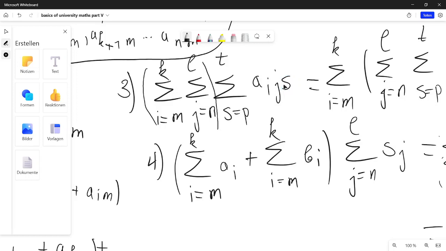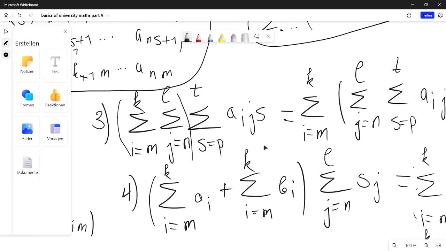Then for this fixed P, for fixed S, now chosen equal to P, we go through only J. That is, we go through all those indices from N to L for fixed P: A N P, A N plus 1 P, A N plus 2 P.